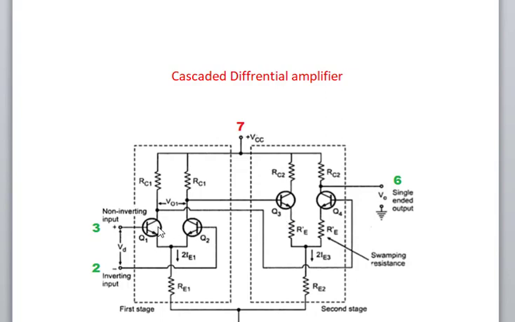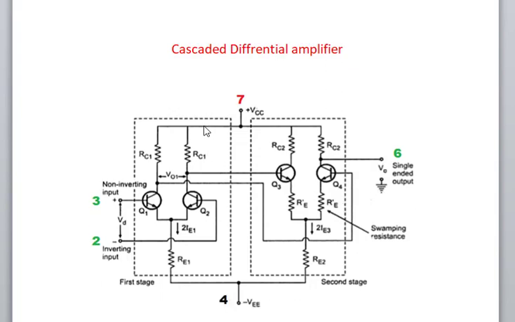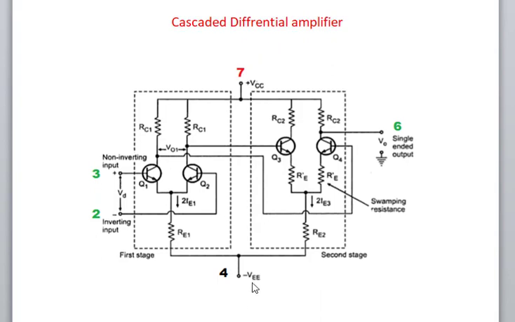So this output is fed to the input of the second differential amplifier. So it has only one single output, pin 6. The plus VCC is given at the 7th pin, and the negative VCC is given at the 4th pin. This is the internal diagram of the operational amplifier. So the operational amplifier has two cascaded differential amplifiers, having two inputs and only one single output.